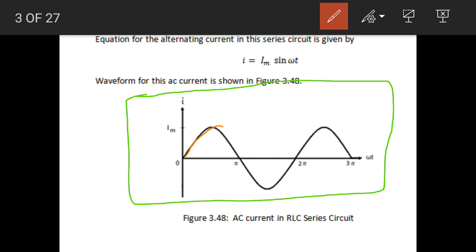This is how the AC current varies with respect to time in this series combination. So we know the equation for the AC current, and on the basis of this equation we are going to find out the voltage across the resistor.